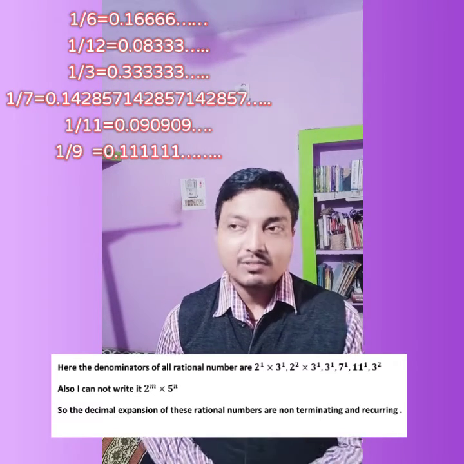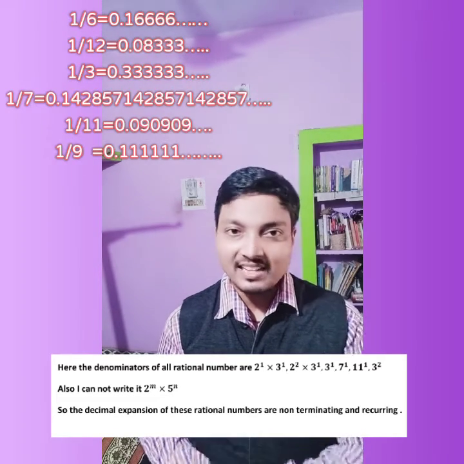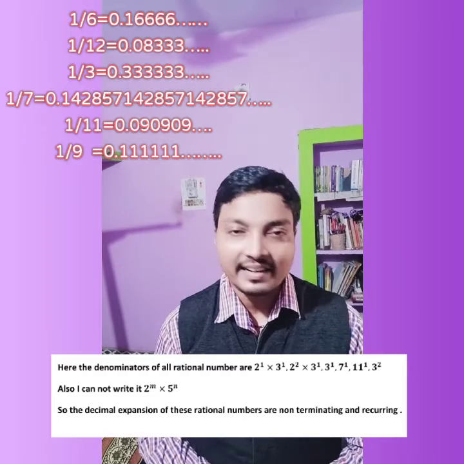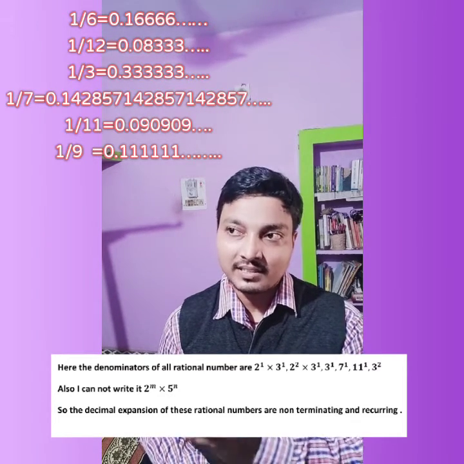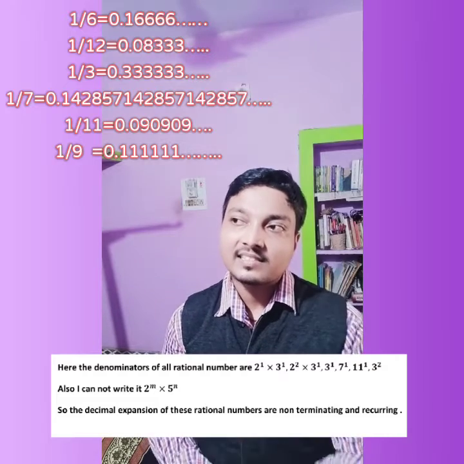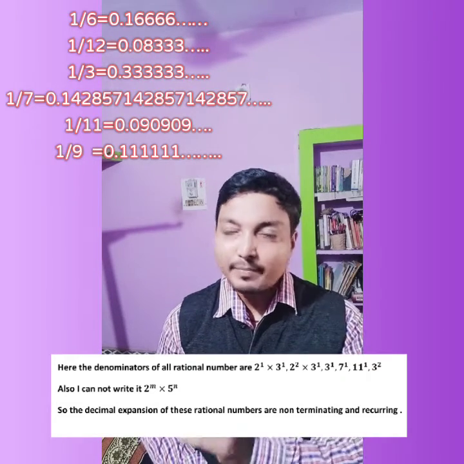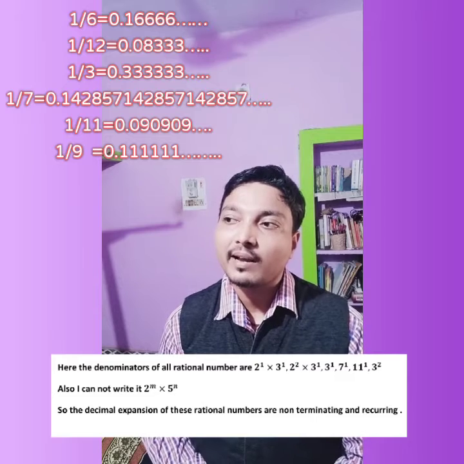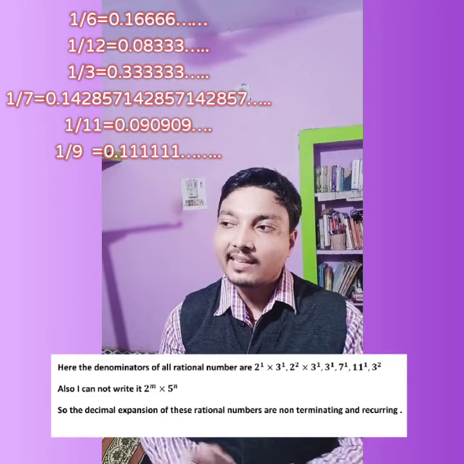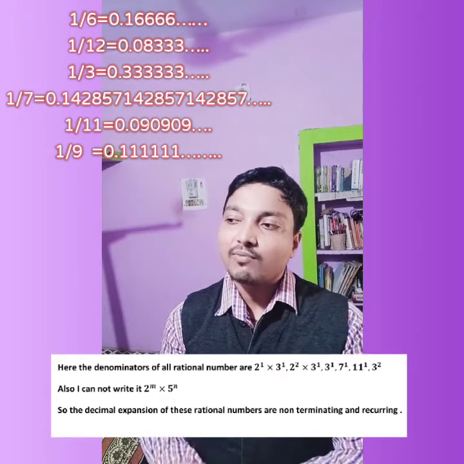Then I want to check the factorization of the denominators of these collected rational numbers, and I got that the first rational number's denominator factorization is 2 to the power 1 into 3 to the power 1. Another is 2 square 3 to the power 1. Another is 3 to the power 1. Another is 7 to the power 1. Another is 3 square.